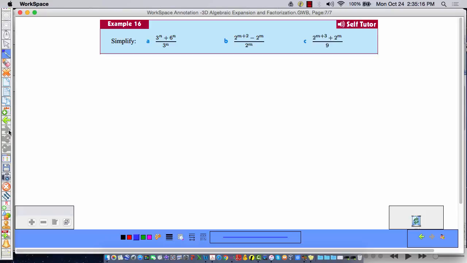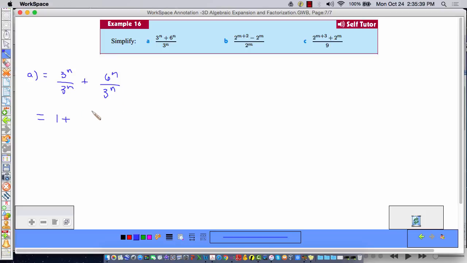And let's see, one more example, I think. All right. So again, we got a fraction here, got a sum up here and a denominator. So for part A, I'm going to think of that as 3 to the n over 3 to the n plus 6 to the n over 3 to the n. So that's going to be 1 plus, we just did 6 to the n before, over 3 to the n.